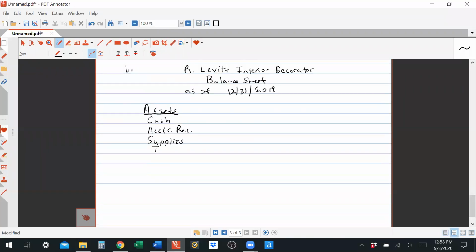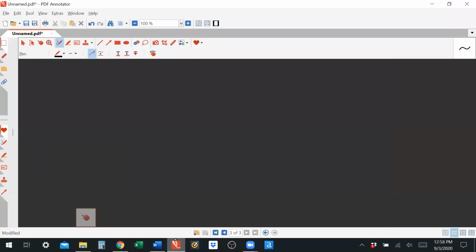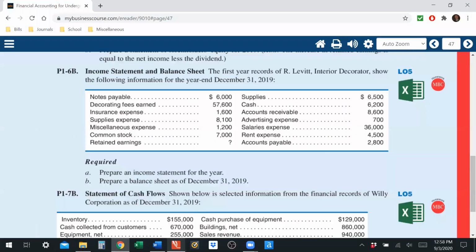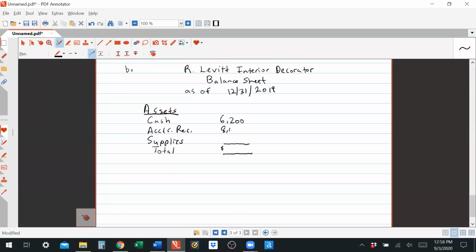And then we can get a total. So cash was 6,200, accounts receivable 8,600, supplies 6,500. 86 and 65. And so our total assets are 21,300.